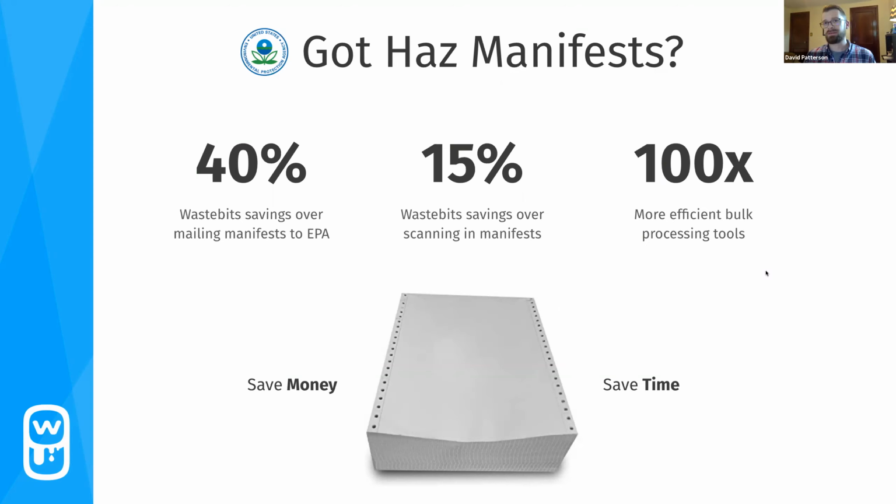And some of the statistics that you see here on the screen: we do represent an enormous number of manifests going into the EPA's database every year. I think at one point we were somewhere around 15 to 20% of the total volume going in there. Some of the biggest names in the industry are leveraging our software to take the administrative burden off their team, let them get back to the things that they're good at, and give the manifest review QC/QA process over to us.